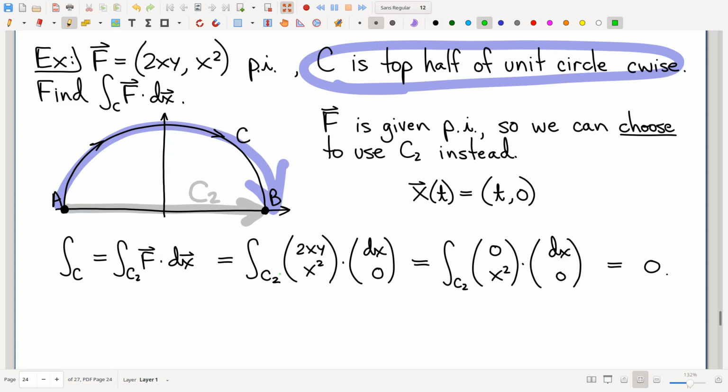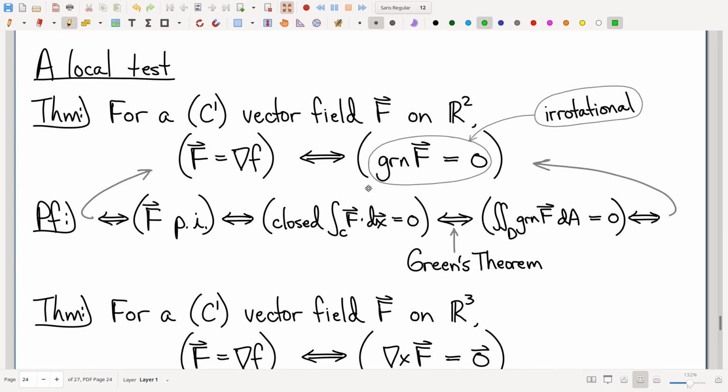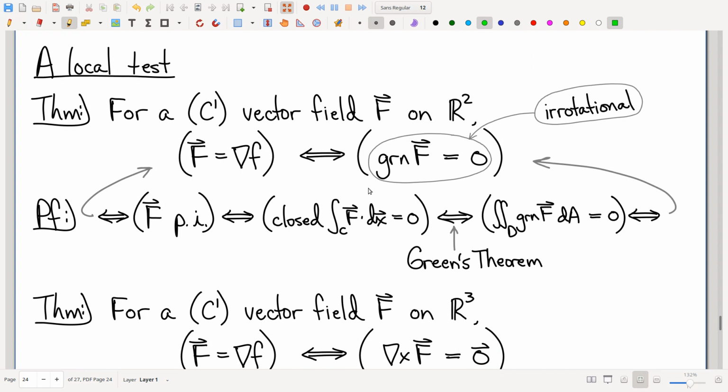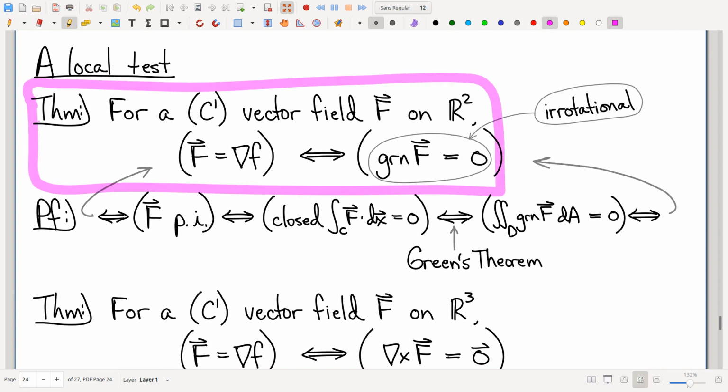Okay, moving along. So how did I know that was a path-independent vector field? There is a powerful theorem right here. This is totally awesome if you want to know if a vector field is a gradient. And by the way, don't forget, we know gradient is path-independent and vice versa, right?